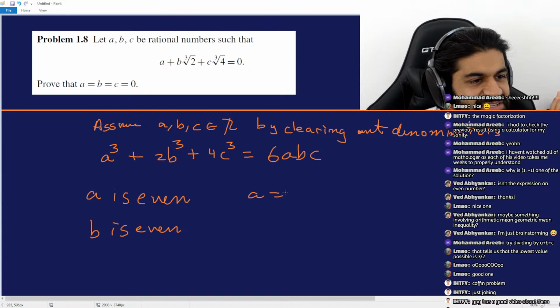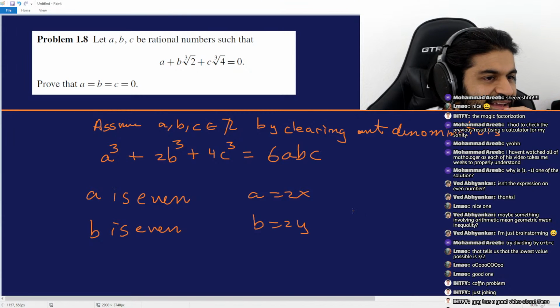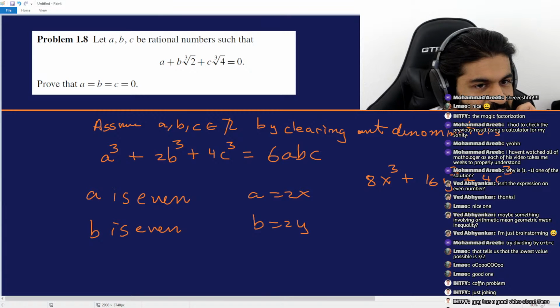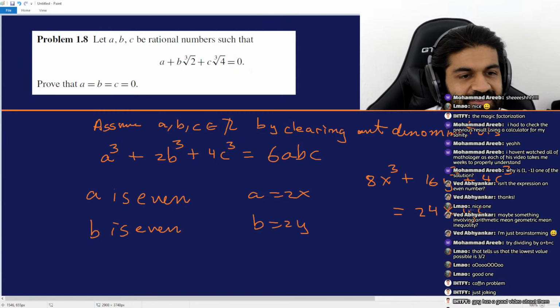So if you make a 2x and b 2y, then you would get 8x cubed plus 16y cubed plus 4c cubed is equal to 6 times 2 is 12, so 24xyc, right?